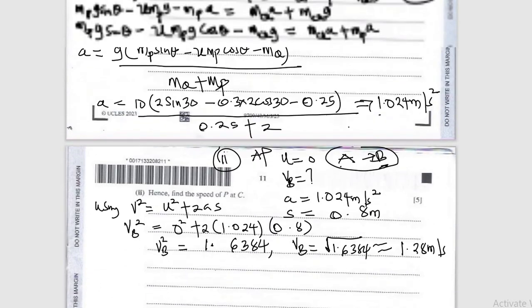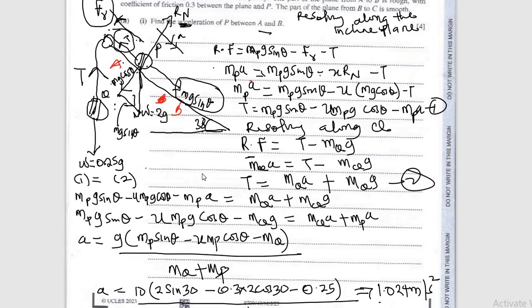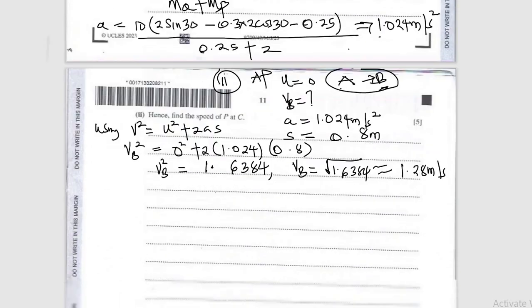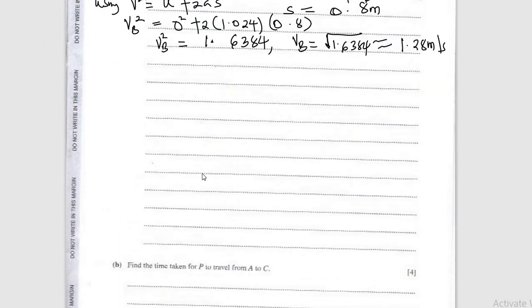Now I have the velocity at B. Now I can get the velocity at C. Which means to get the velocity at C, I'll consider the two sections B and C. I need to draw another diagram considering just section B and C alone.